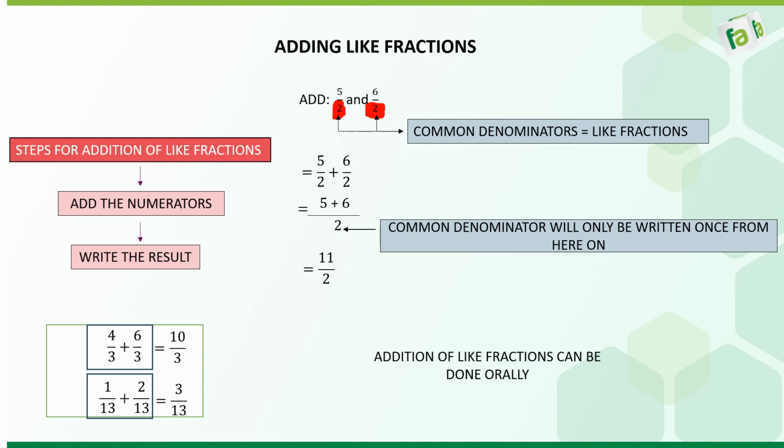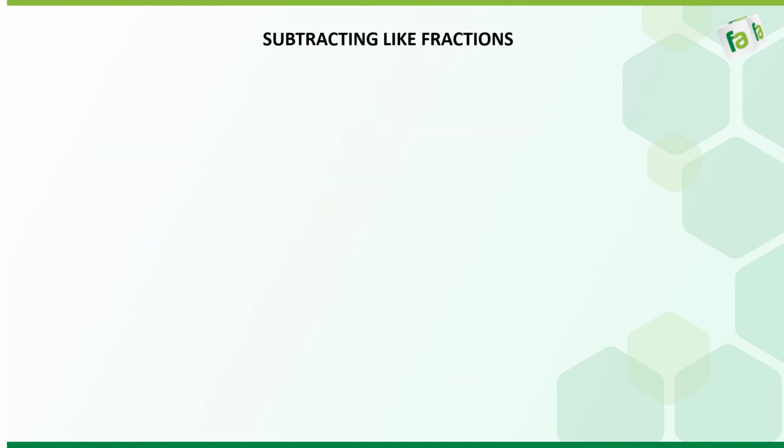Now let's learn how to subtract like fractions. We follow the same procedure to subtract like fractions as we did for adding them. Let's have a look at this question. Here we have to subtract 5 by 2 from 6 by 2.